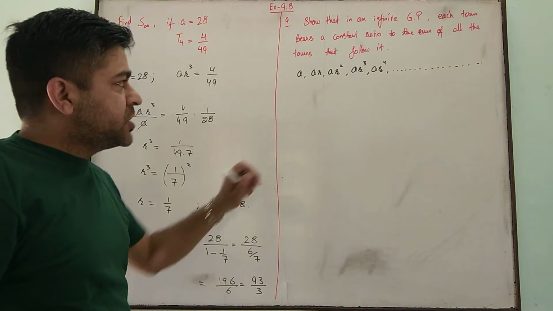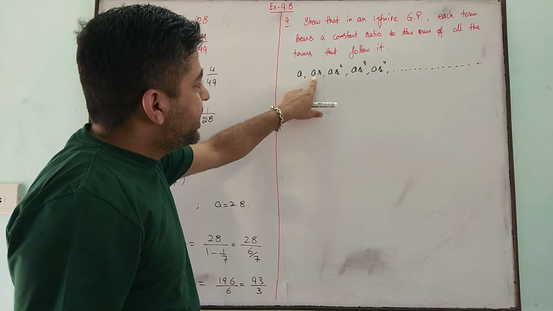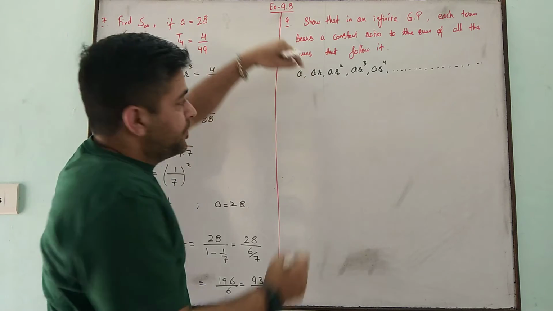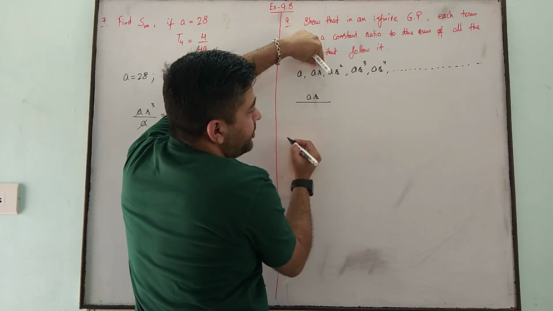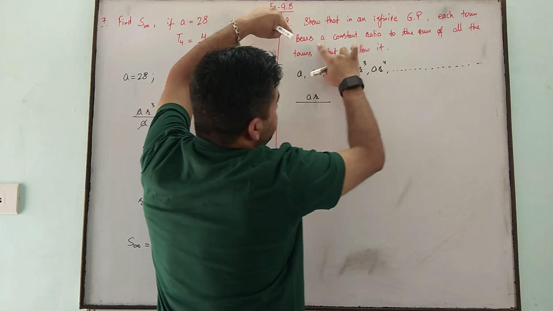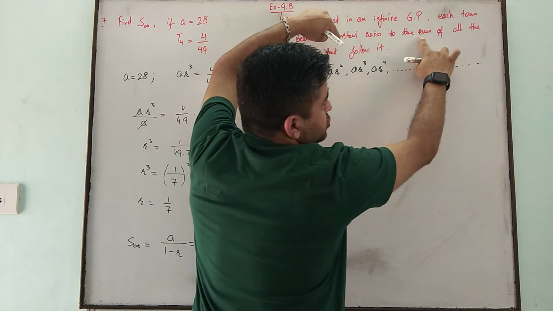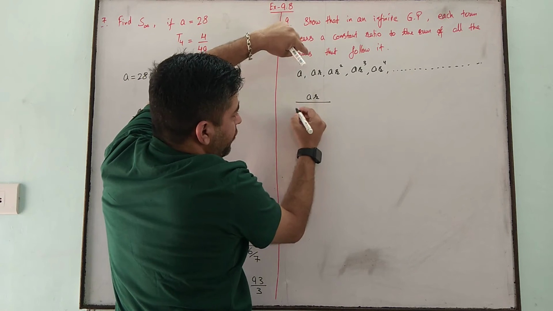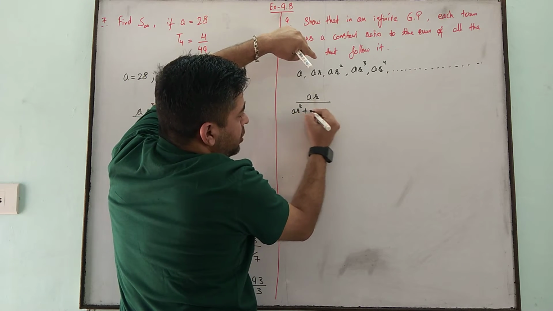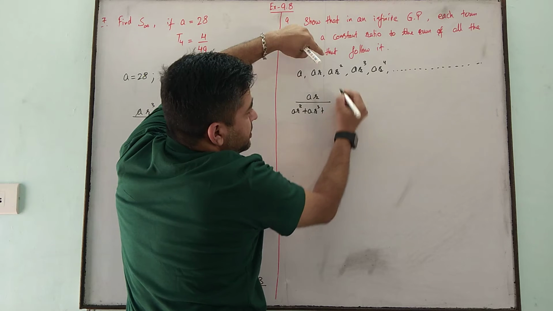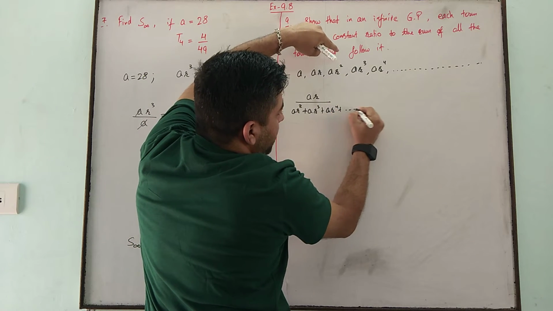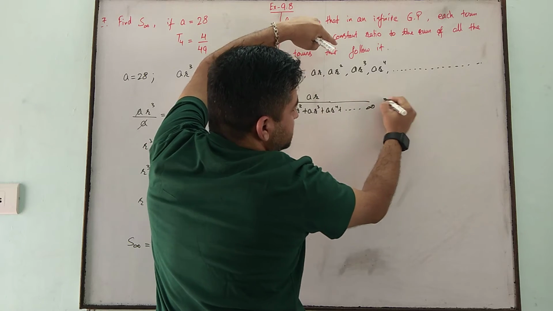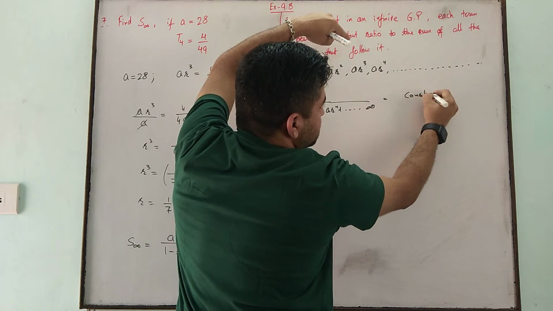He said each term, like if we are taking any term, suppose we are taking AR, divided by the sum of all the terms that follow it, that is AR square, AR cube, AR4 and so on up to infinity. So this bears a constant ratio, this you need to show.